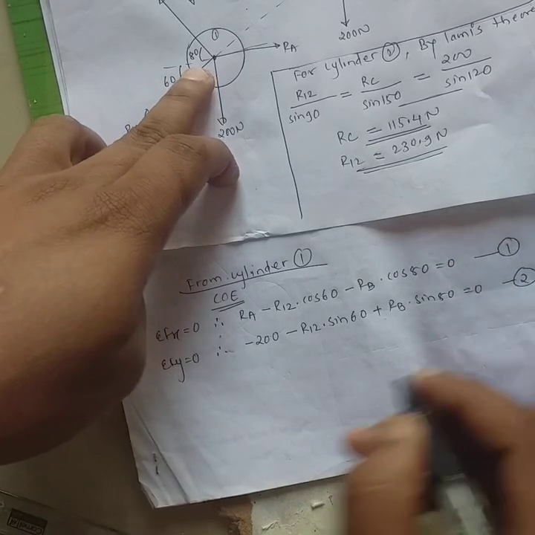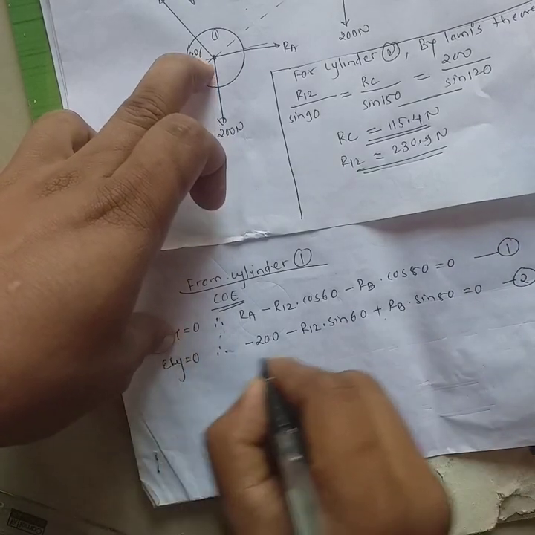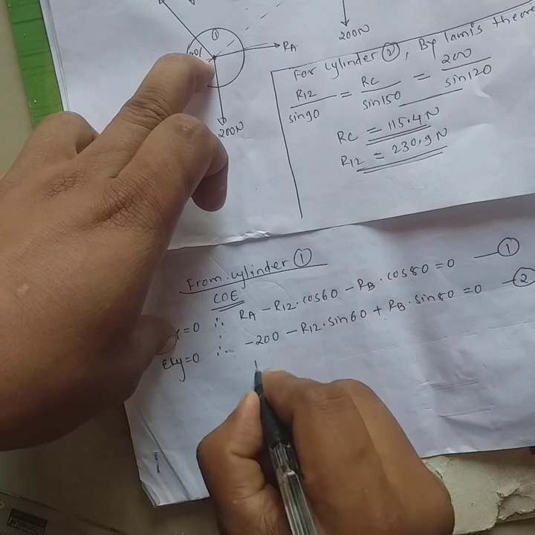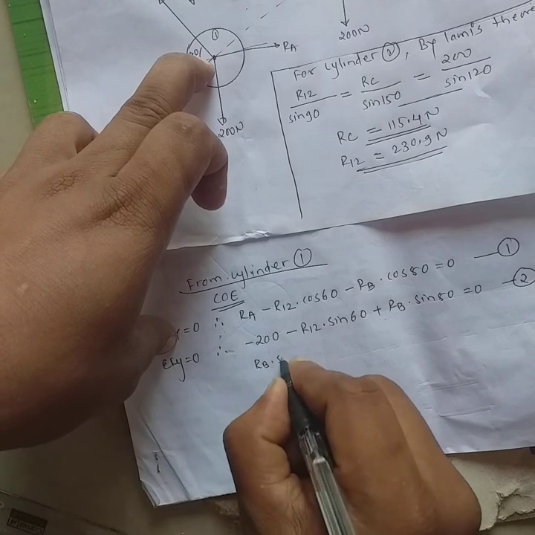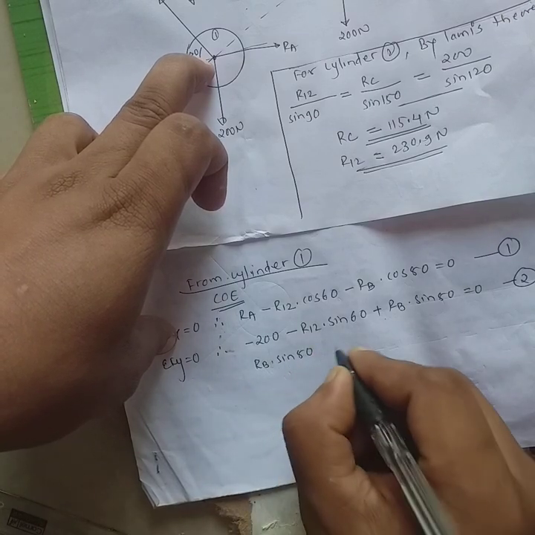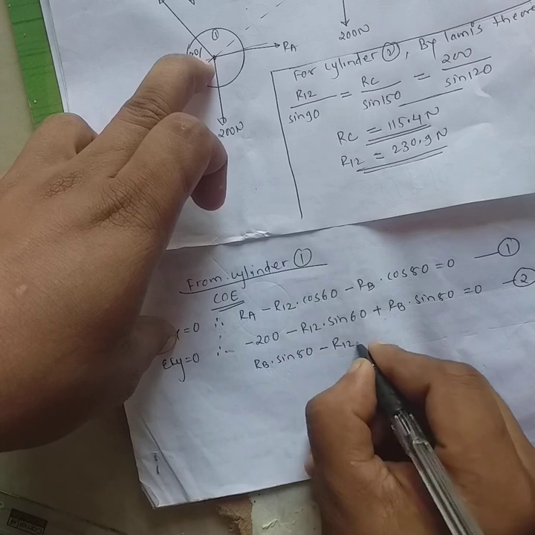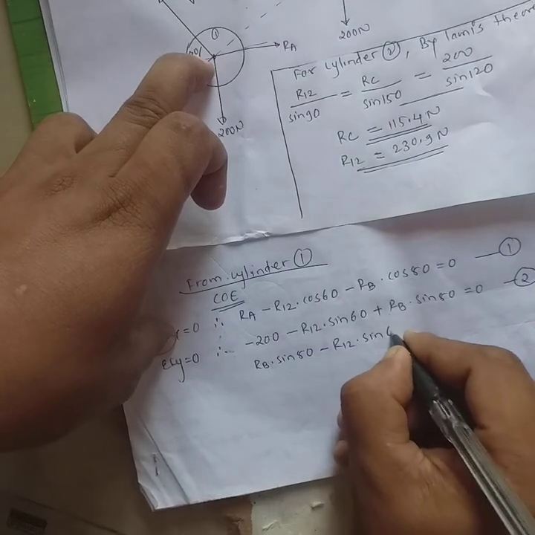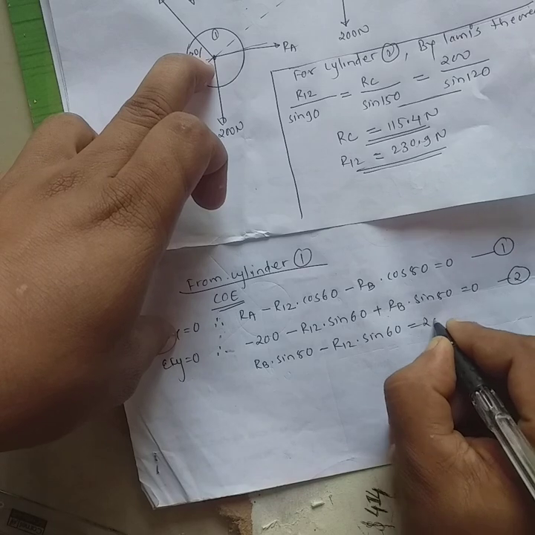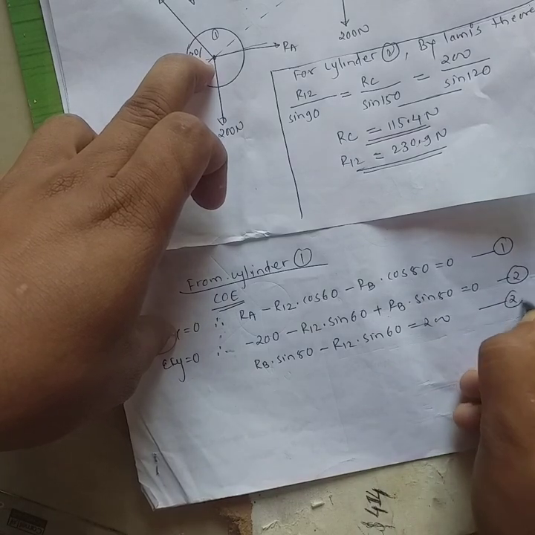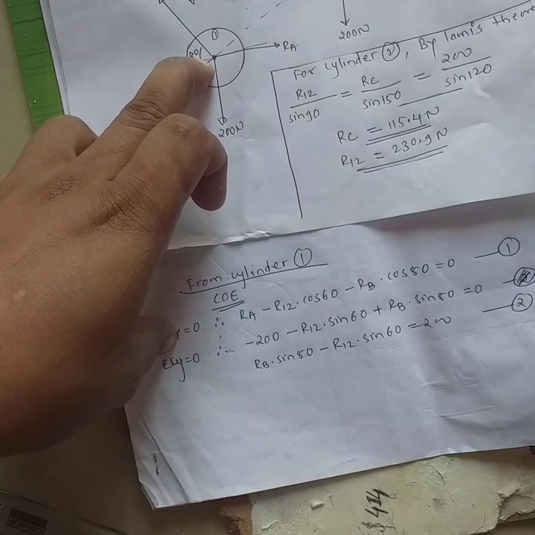Equation number 2. So once you rearrange this Fy, this will be RB sine of 80 minus R12 sine of 60 equals 200. Let's say this is equation number 2.